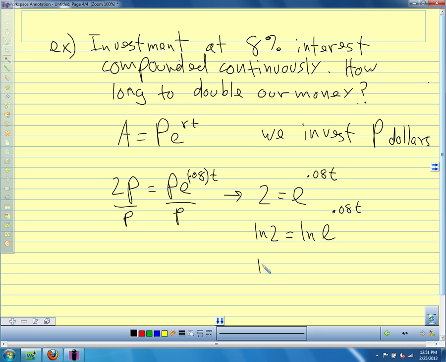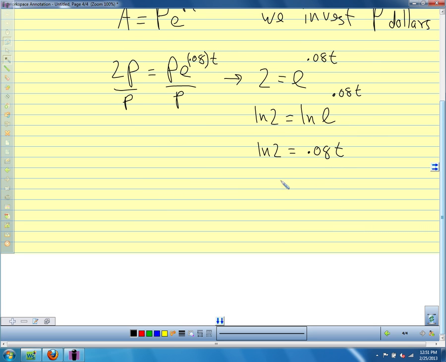So I get natural log 2 equals 0.08 T. And finally, to solve for T, I just divide by 0.08. So T equals the natural log of 2 divided by 0.08. And if I plug that in my calculator, I get approximately 8.66 years.